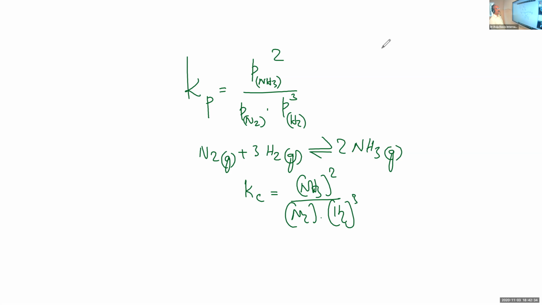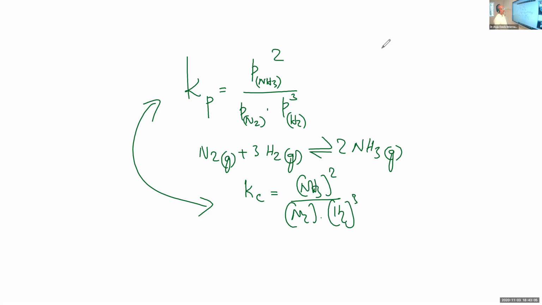So in gas phase reactions, we can have two types of equilibrium constants, Kc and Kp. Kc is the equilibrium constant in terms of concentration, while Kp is the equilibrium constant in terms of partial pressures.